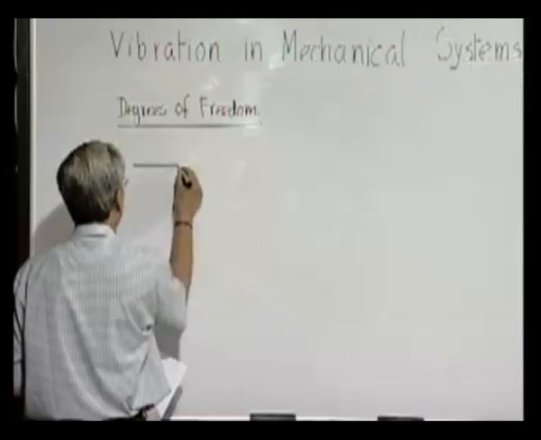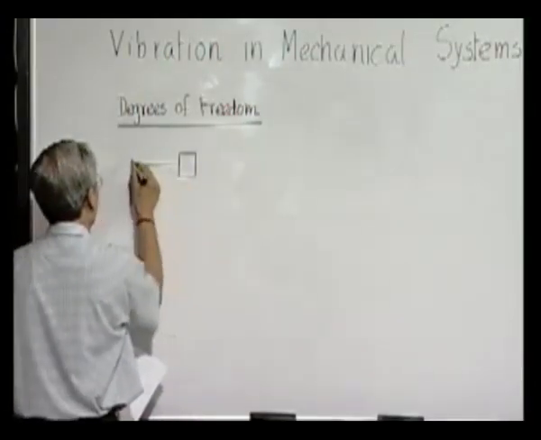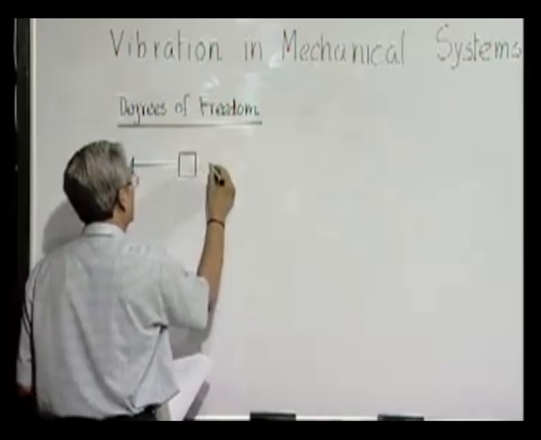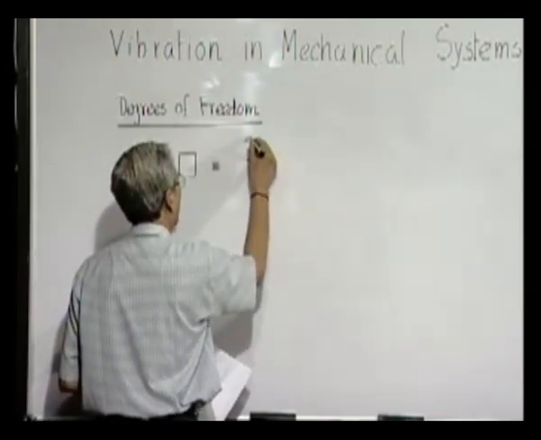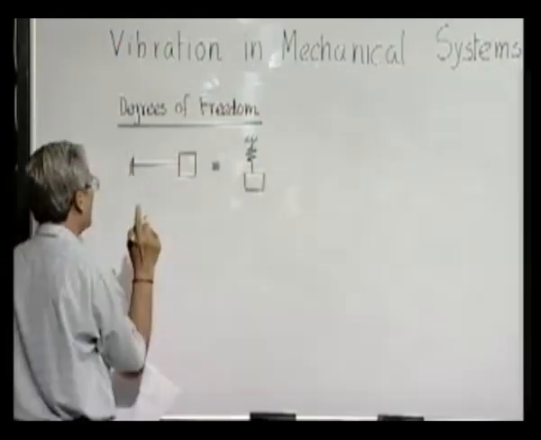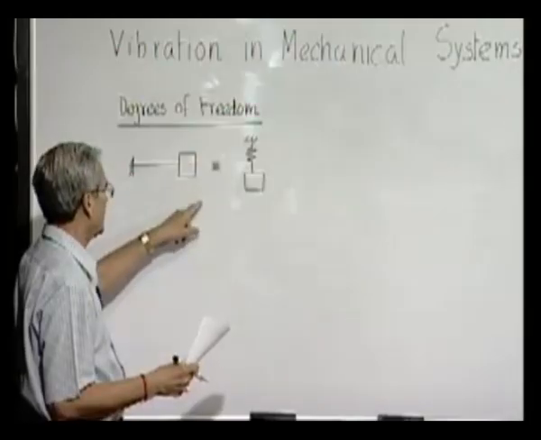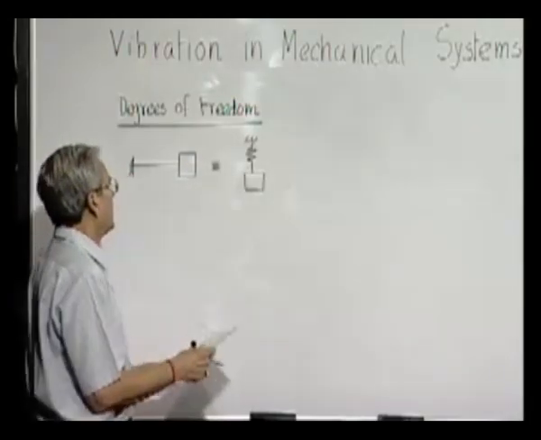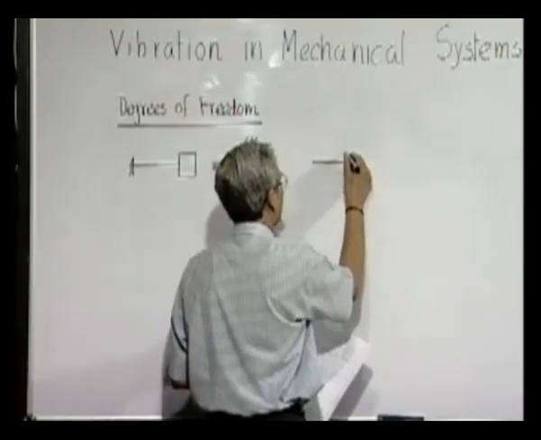So, a simple thing which is equivalent to this, only one quantity is required, the displacement of the mass from its equilibrium position. So it is a single degree of freedom system.